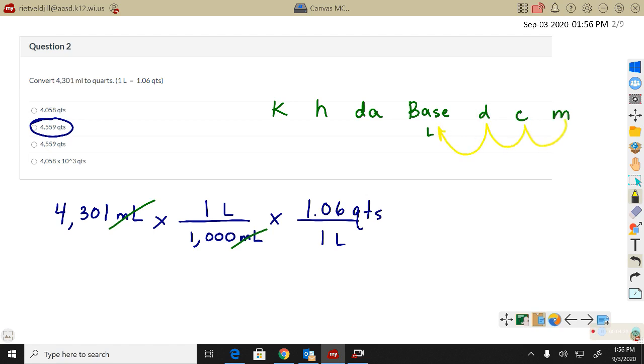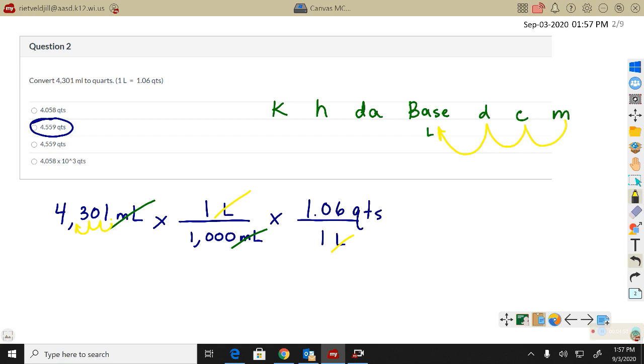So I could have just started by moving the decimal spot, 1, 2, 3, so that it would have been 4.301 liters, and then I would have gone liters to quarts. But setting it up this way is also just fine. Liters and liters cancel, and intuitively, a liter and a quart are very similar. A quart is just a tad bit larger in volume.